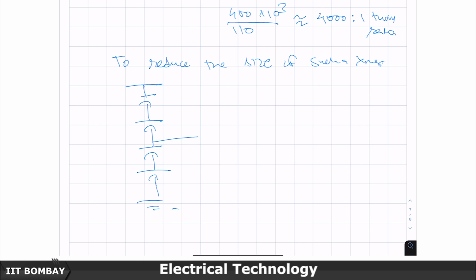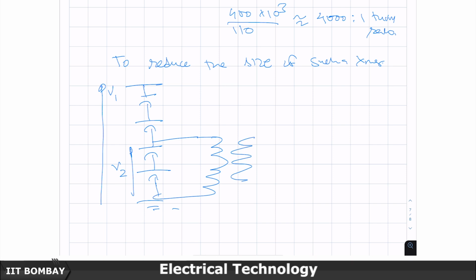You stack up series capacitors in microfarads, and if this is V1, a small percentage voltage V2 is available at this point.